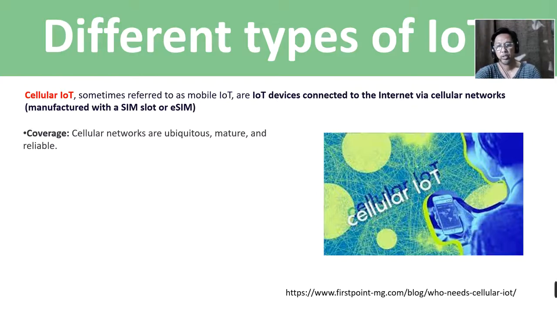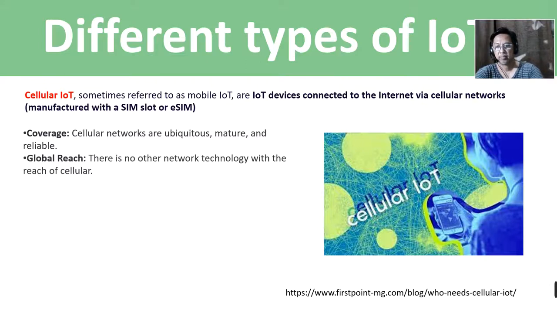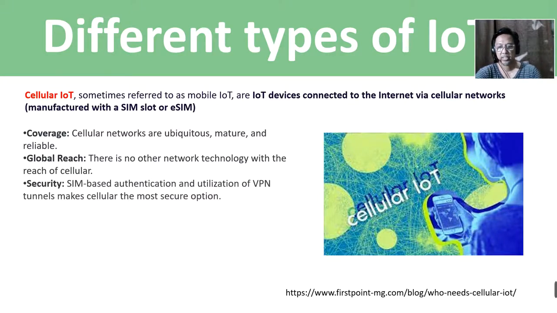It's mature and it's reliable, at least in most areas. And then it has global reach. There is no other network technology with the reach of cellular technology. And then the security: SIM-based authentication and utilization of VPN tunnels make cellular the most secured option.